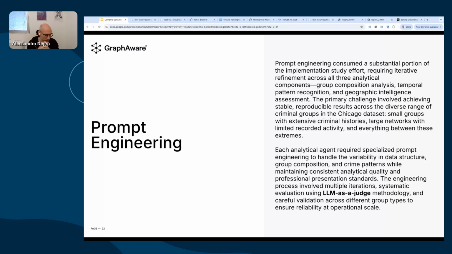But what was interesting for us was the introduction of a systematic method for evaluating the changes that we make in the prompt, because otherwise we would perform some changes that we evaluate with a few sets, and then maybe we are deteriorating the quality of others. So we introduced this LLM as a judge, a methodology to evaluate the quality that we will see later.